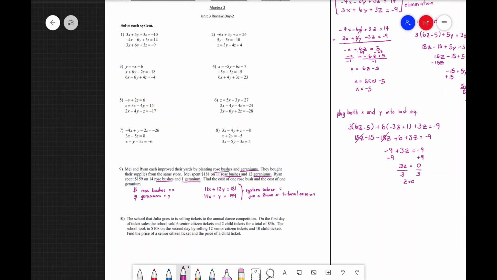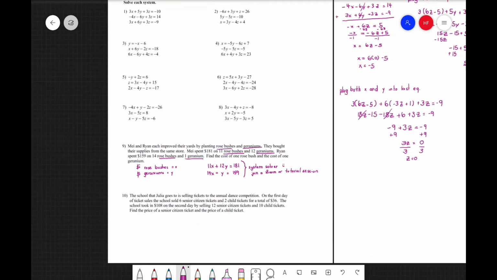I expect you to be able to know the process, and then I expect that you know how to set up your problems. Like we did on number 1, we did do it all by hand, and you should know that process, that you either use elimination or substitution, and then you go back in and work it again and work it again until you have all 3.